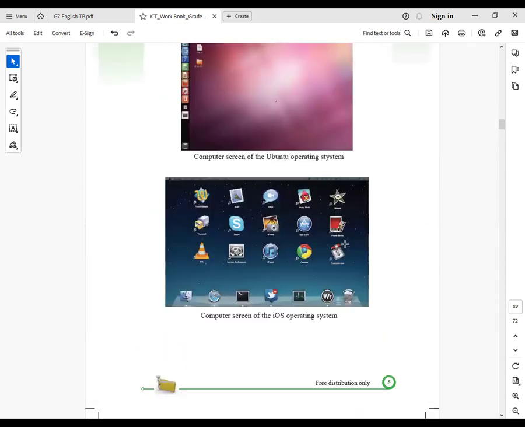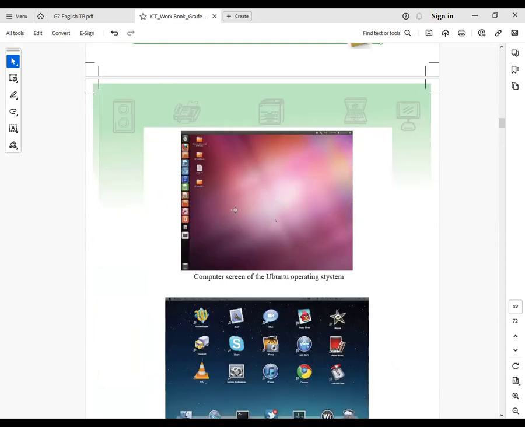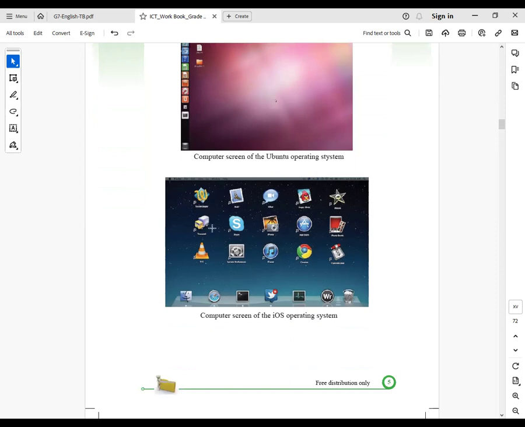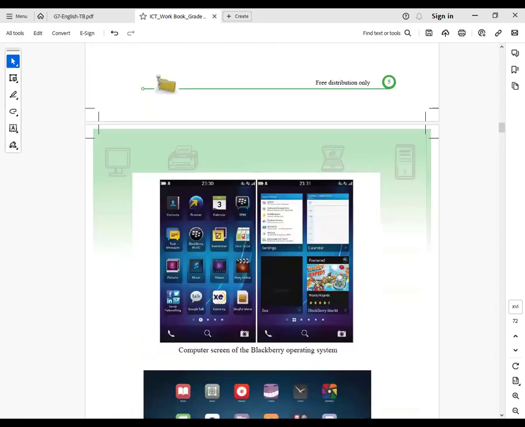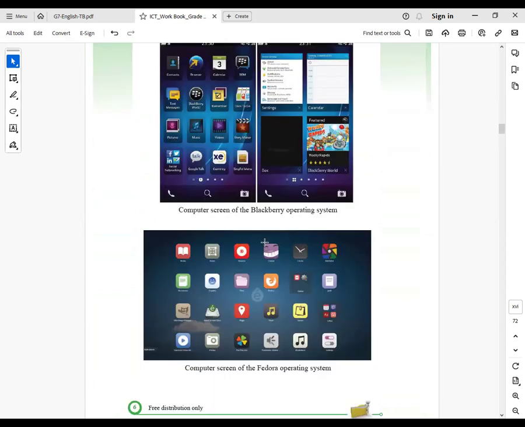So you can see, this is a screen of Ubuntu operating system. Ubuntu is similar to Windows, but there are some small differences like the colors and the way that files and folders appear. This is iOS operating system. This is BlackBerry operating system, in BlackBerry mobile phones.